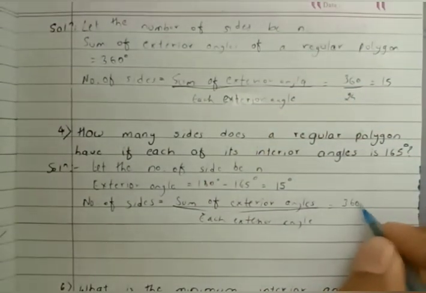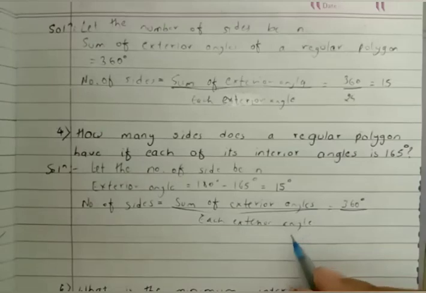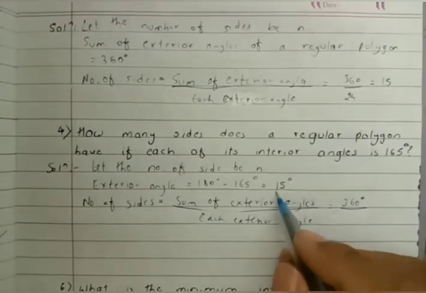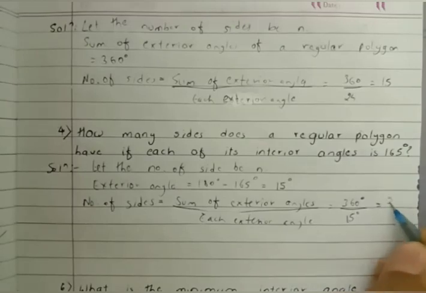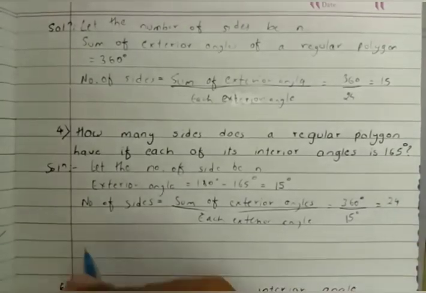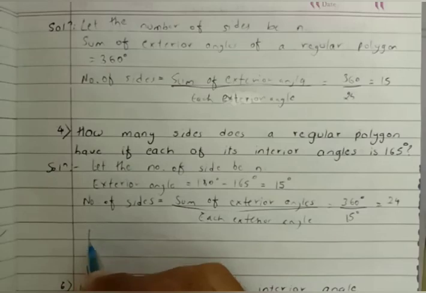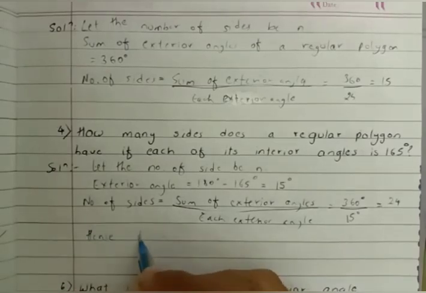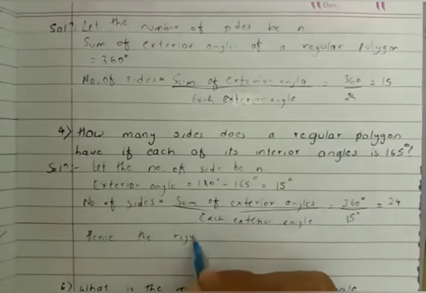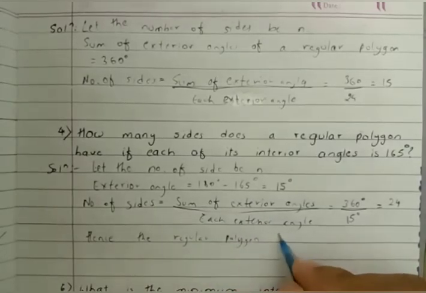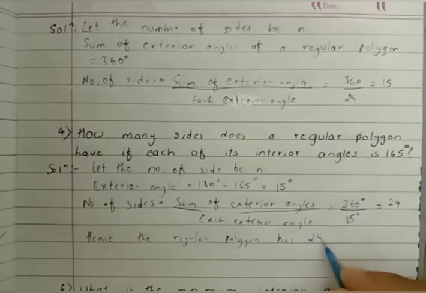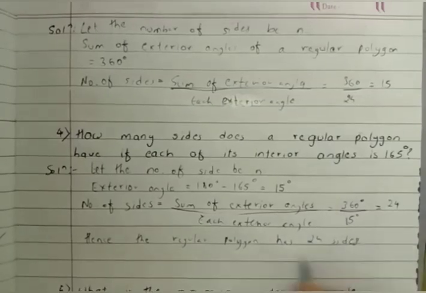And each exterior angle, how much have we found out? It is 15 degrees, right? So when you divide, you will get the answer as 24. So you will have to write, hence the regular polygon has 24 sides. Understood?